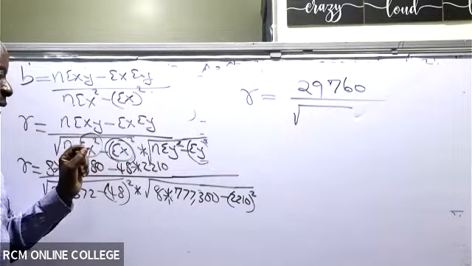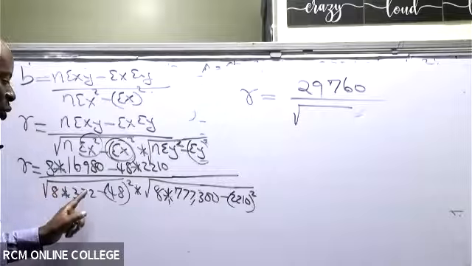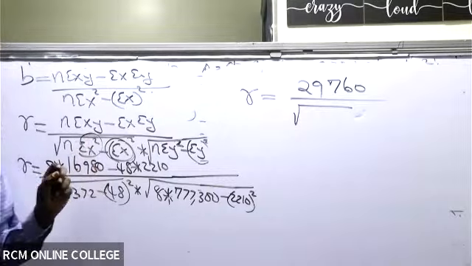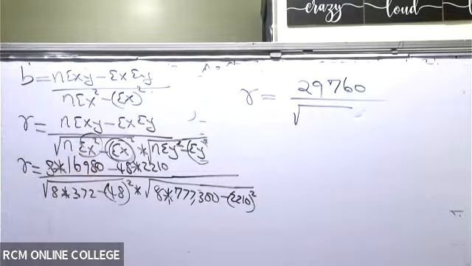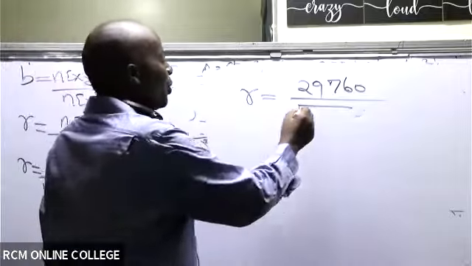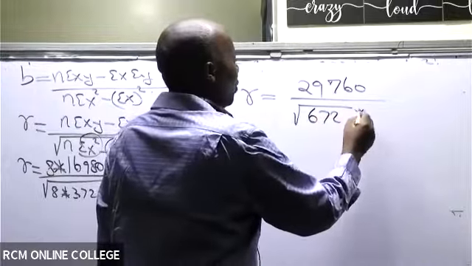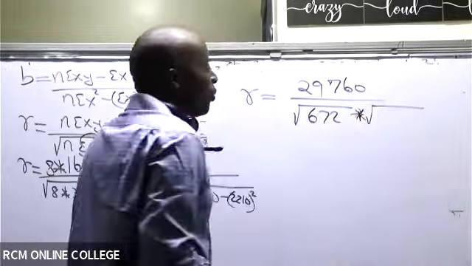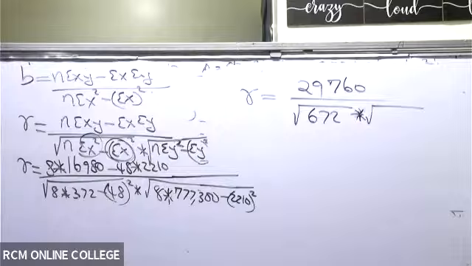Don't take the square root, I just want you to say 8 times 372 minus 48 squared. According to Rispa, she's getting 672. Is there somebody else who is able to confirm that 672? Kevo has confirmed. Thank you, Kevo.